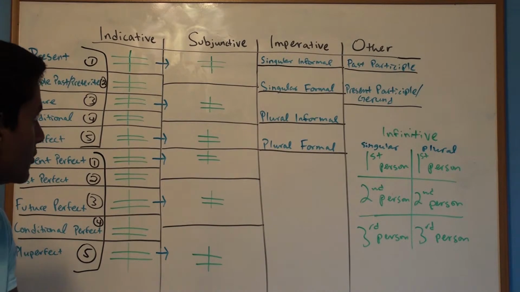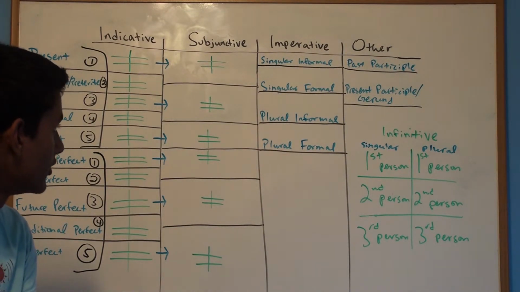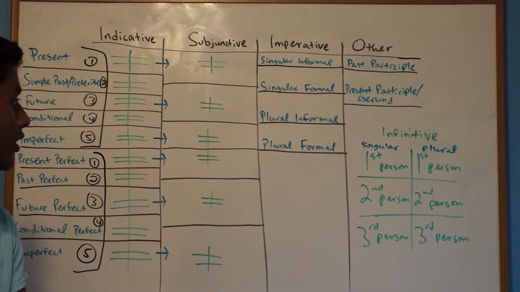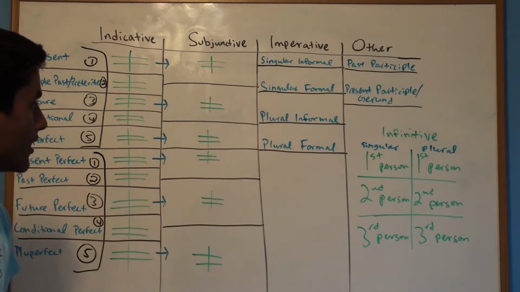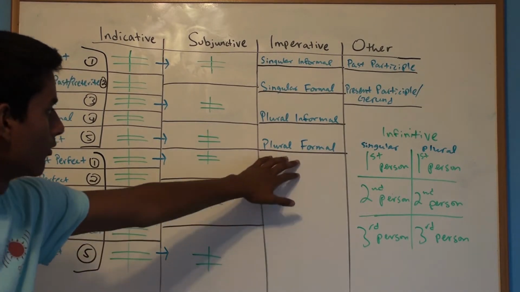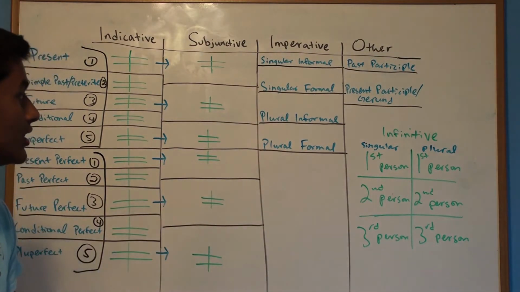Singular formal is vous. Plural informal is also vous, and plural formal is also vous. So all of those are the same. Oh, actually, I'm sorry. I made a mistake before. I said plural formal is ellos, ellas. It's not. It's just ustedes.